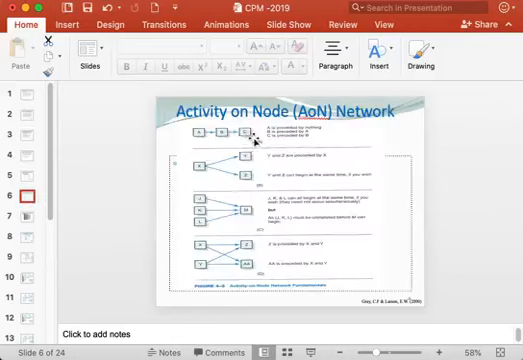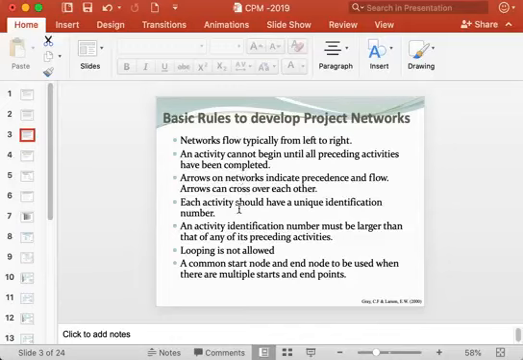Like in this case, you can see there are 3 activities here, and each of these activities has a unique identification number denoted by A, B, and C. Not like you have A here and also A here and then B here. So A and A repeating. No. Then these two activities do not have a unique identification number. Okay. So that is what it means.